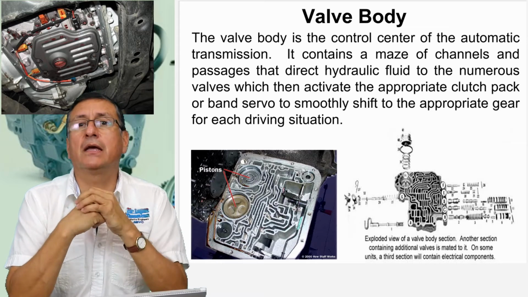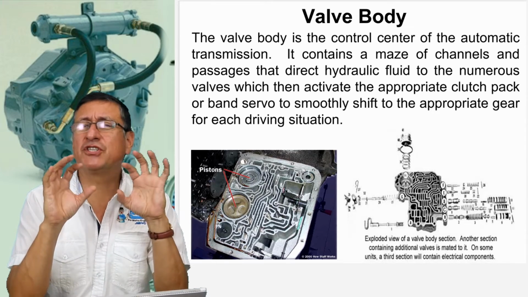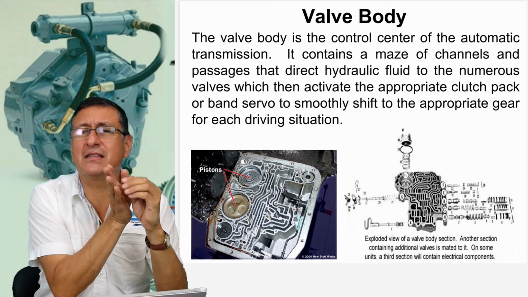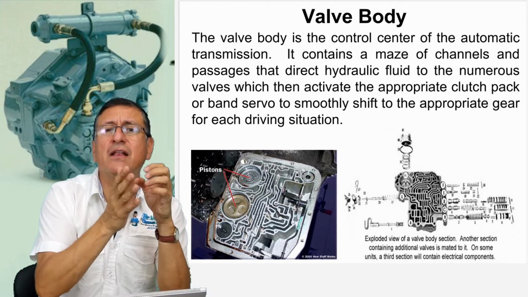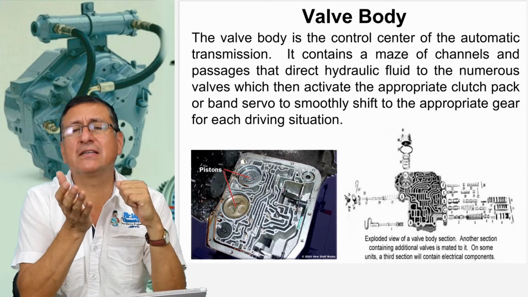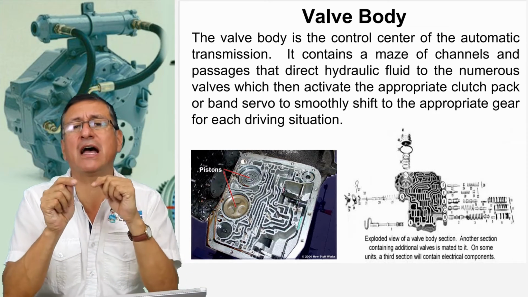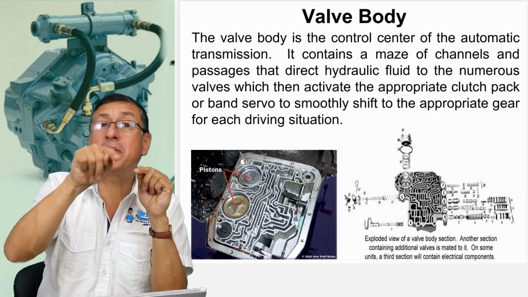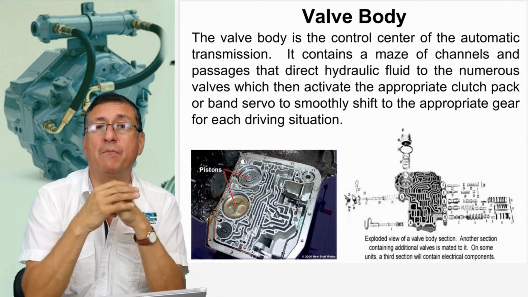It's the brain. It contains a maze of channels and cavities that direct the fluid to different valves and then activate the clutch packs and the servo valves. All the hydraulic systems are activated from this labyrinth of cavities and passages.